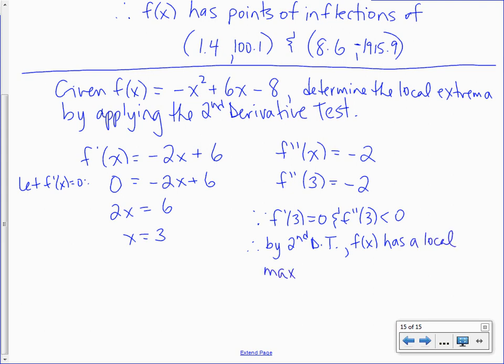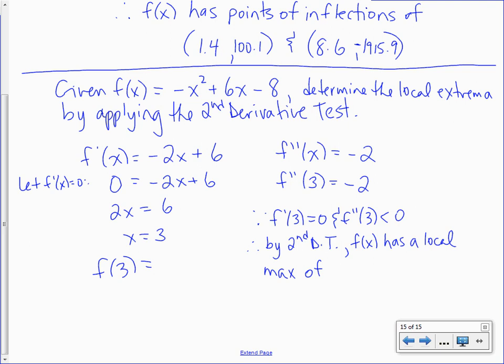What didn't I do yet that I should do? I didn't find the value. If you ever forget, you can always find it. F at 3, I put 3 into the original. 3 squared is 9, so I have negative 9. 6 times 3 is 18.